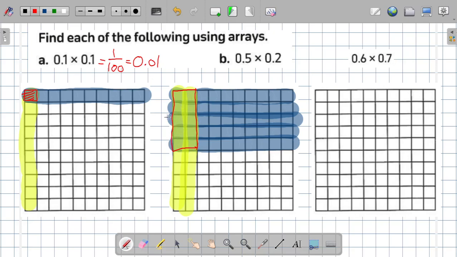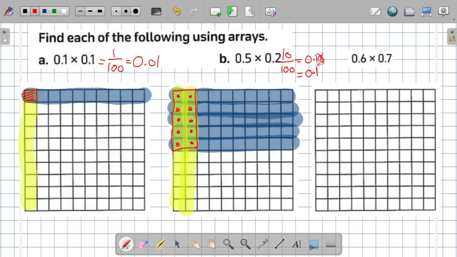Let's count the number of squares. I have 1, 2, 3, 4, 5, 6, 7, 8, 9, 10. So it's 10. 10 of what? 10 of 100. So this means it's 10 hundredths, or maybe I can say it's 1/10.